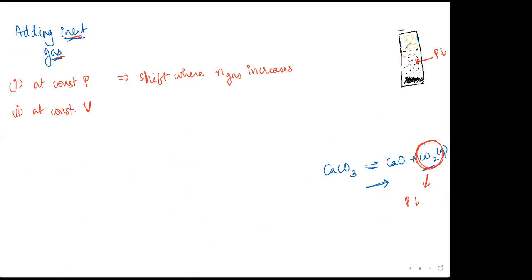So because there is more space for the CO2 to occupy, the equilibrium will want to maintain that constant pressure that was there initially with CO2. So it'll try to increase the pressure of CO2, and that can only happen if more of the reaction takes place. So the equilibrium shifts in the forward direction to produce more CO2 so that that initial pressure when it was in equilibrium can be maintained.